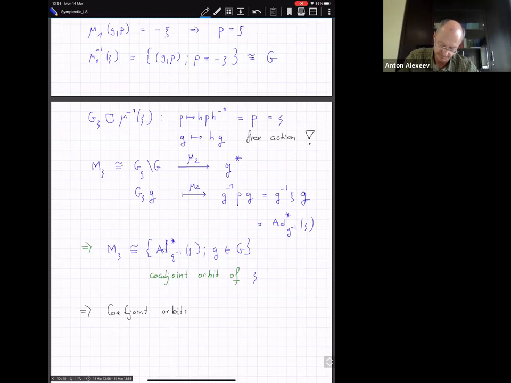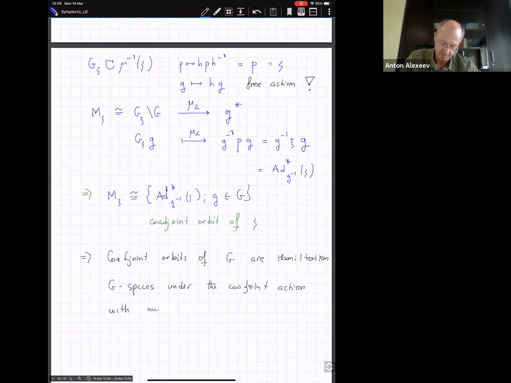Coadjoint orbits of G are Hamiltonian G spaces under the coadjoint action, with moment map the embedding back to the dual space.